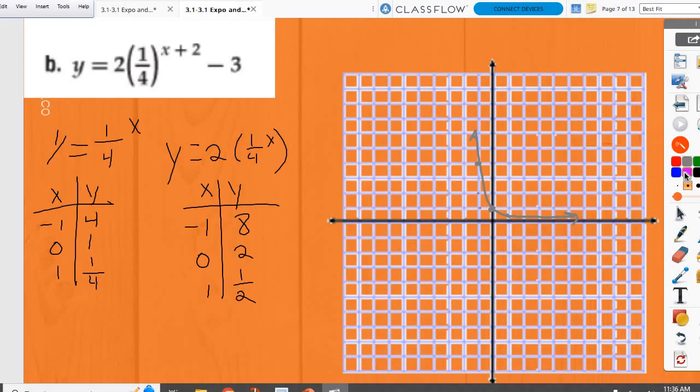Then we want to stretch. So 8, 2. So we've stretched it by 2 now. And then our last thing is going to be to move each of those points left 2, down 3.